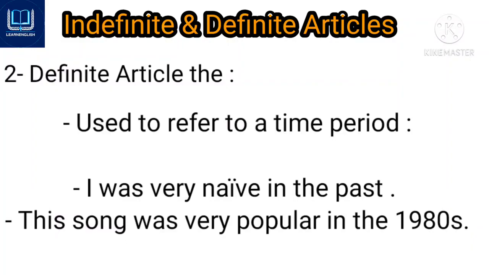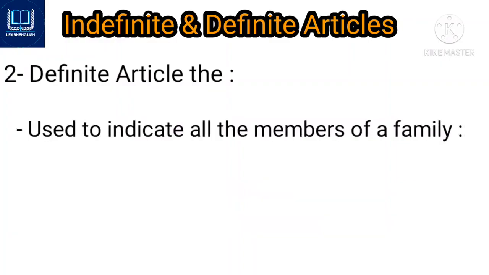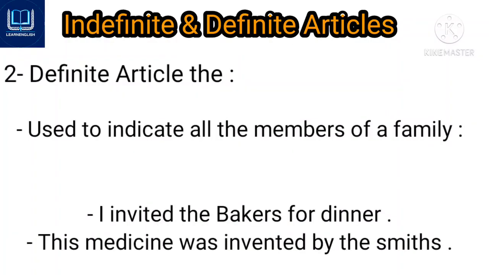The second example: this song was very popular in the 90s, 80s. Used to indicate all the members of a family. Examples: I invited the Bakers for dinner. The second example: this medicine was invented by the Smiths.